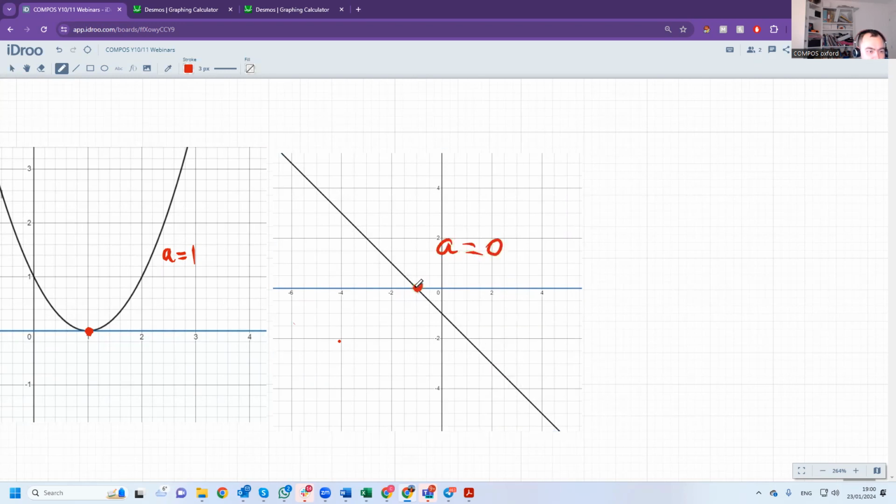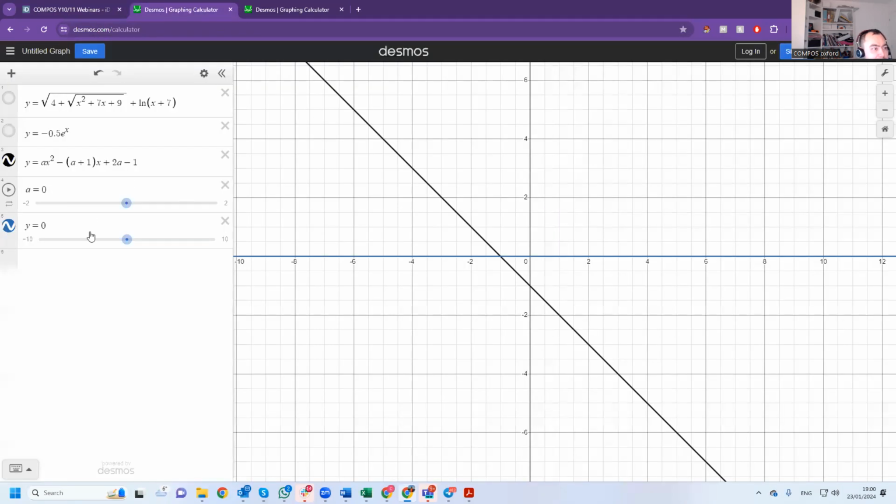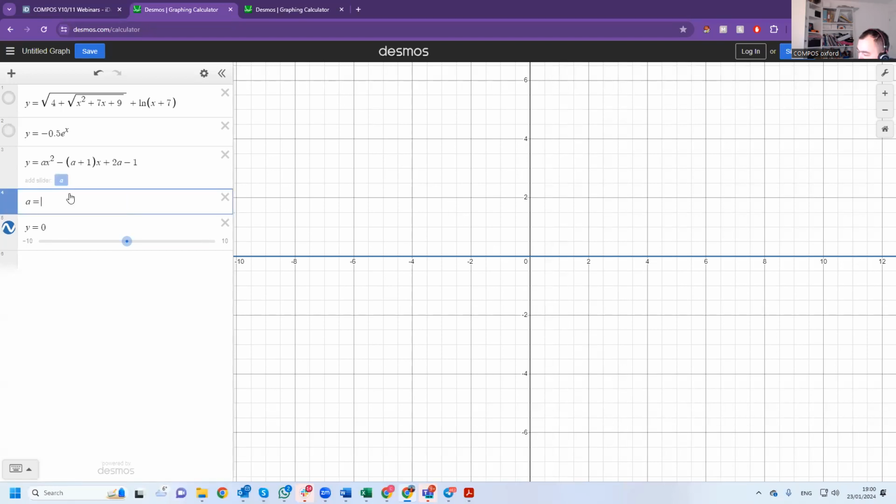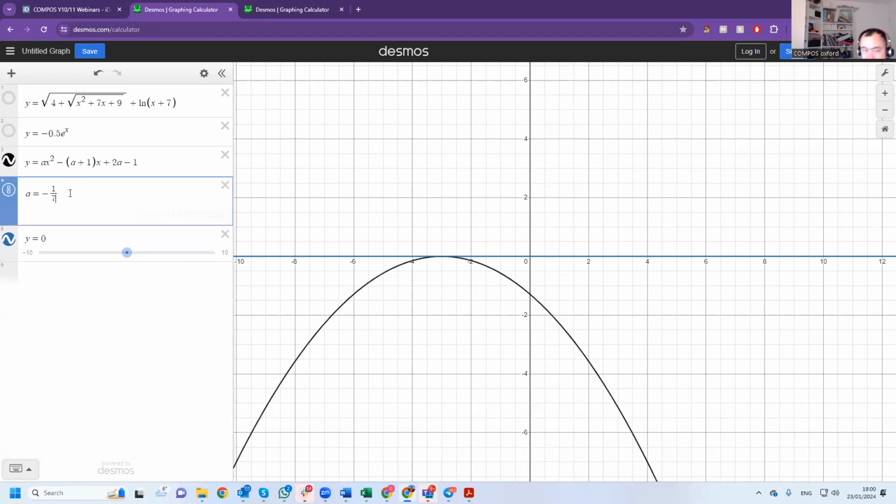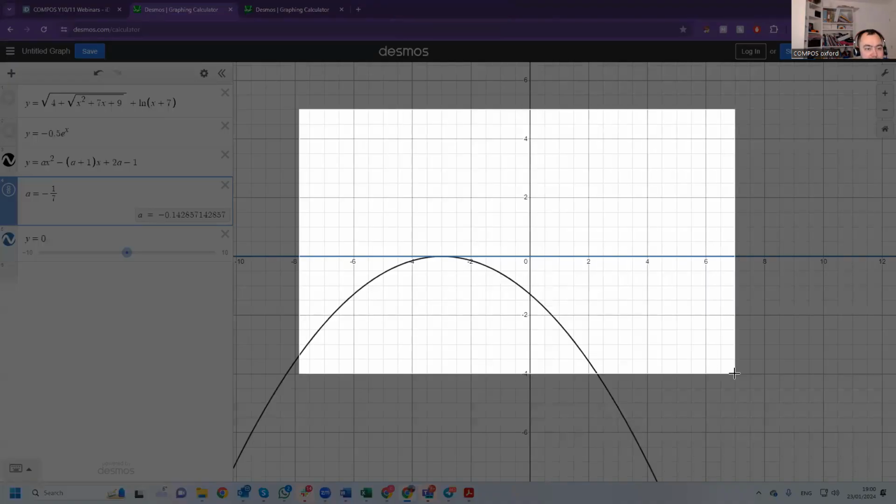One point of intersection. And finally, if a is minus 1/7, you can see there's also one point of intersection.